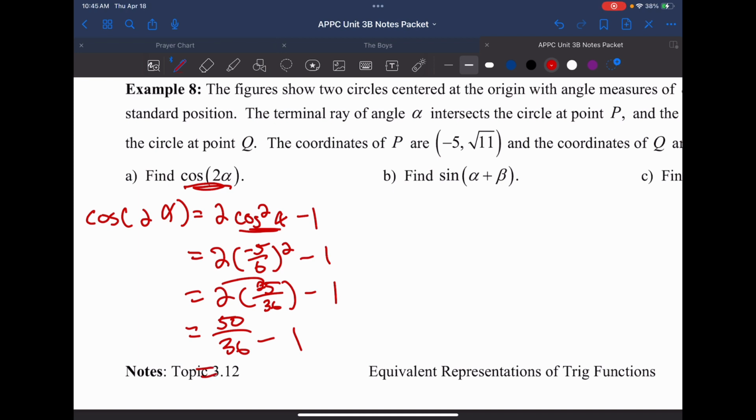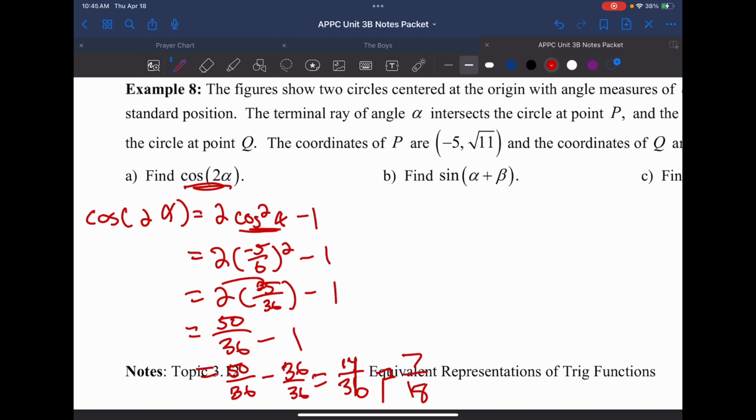And then if I rewrite that as a fraction, I can subtract these. 1 is just 36 over 36, which will give me 14 over 36, which is the same thing as 7 over 18, okay?